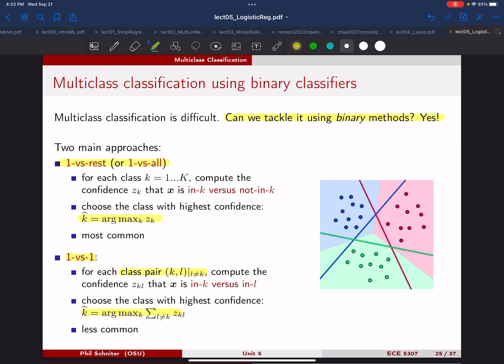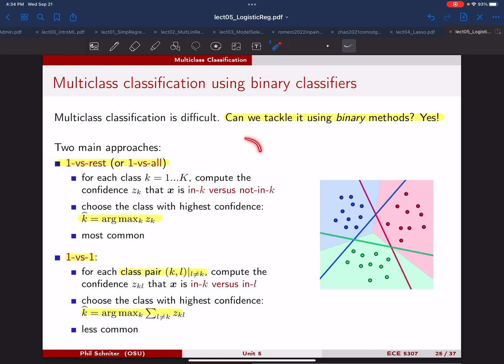The second one is a little bit less common than the first, but it is used. Actually, when we study support vector machines in Unit 7, the scikit-learn implementation is based on this. So that's how it's done there.